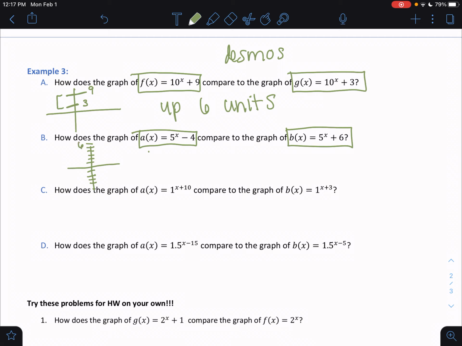So here we have 6, and here we have negative 4. So what is the difference between these two? How many tick marks are in between these? 10. So we went down 10.